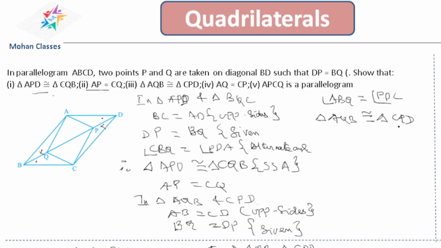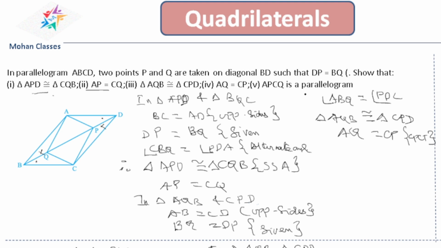If these two triangles are congruent, then we can say that AQ is equal to CP by CPCT. You know what is CPCT? Corresponding parts of congruent triangles. So we have proved 4.